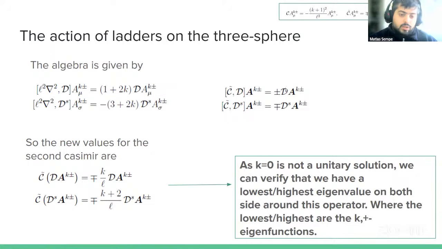In this case, it only goes up and down. So the new values when we transform are k to plus k and k to minus k. So k equals 0 is not in the spectrum.